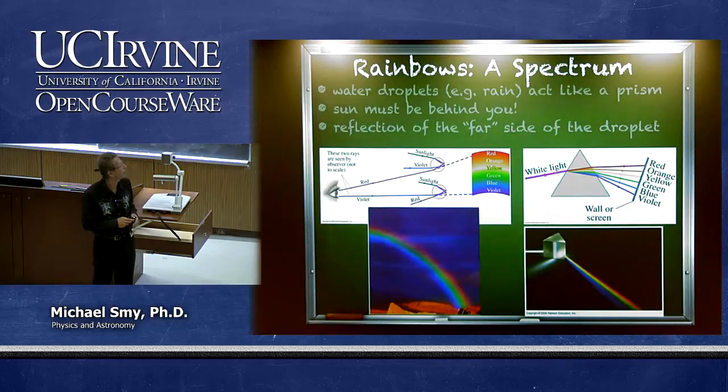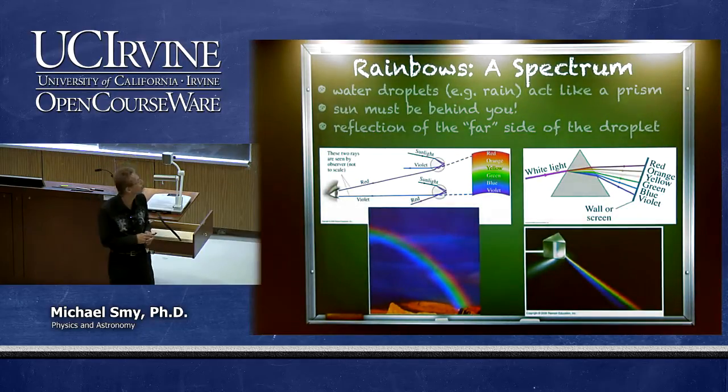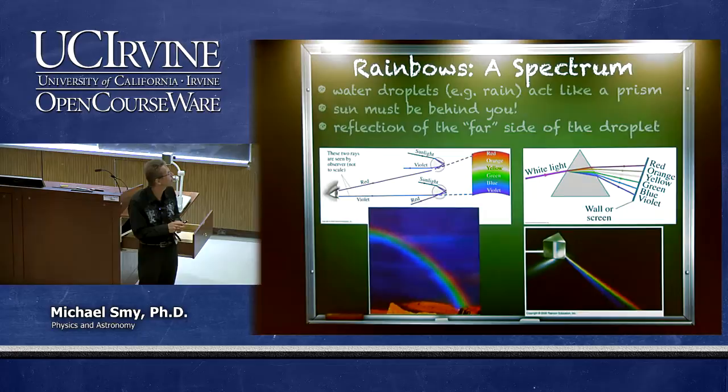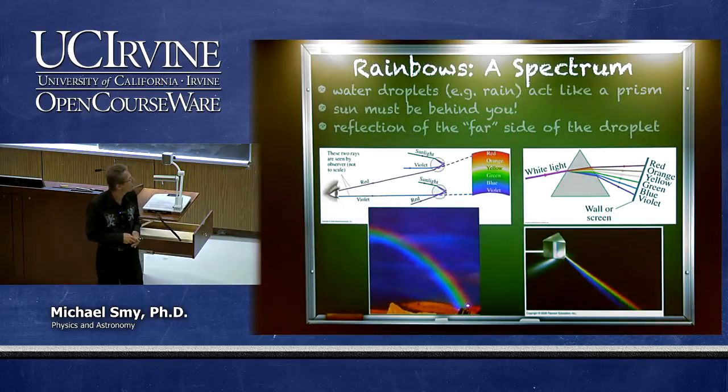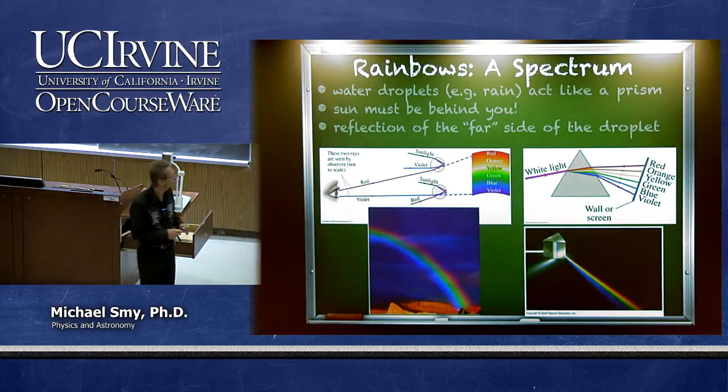And if the sun is behind you, then the index of refraction in water is different for different wavelengths, and therefore the red light in the sunlight gets refracted differently than the violet light. And therefore, the colors separate, and we see bands of color.